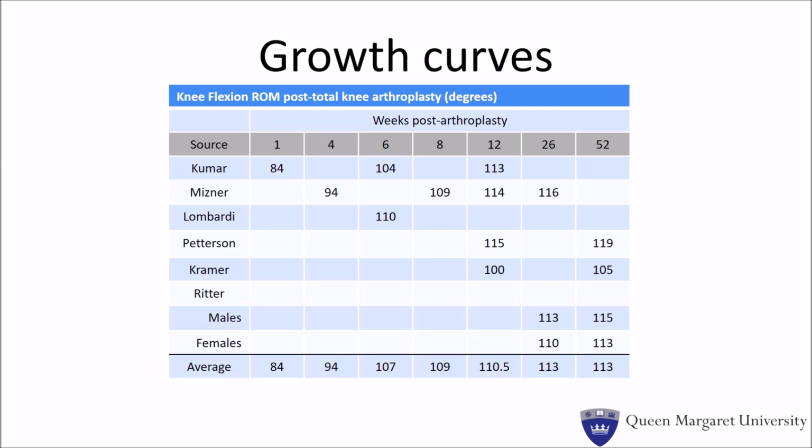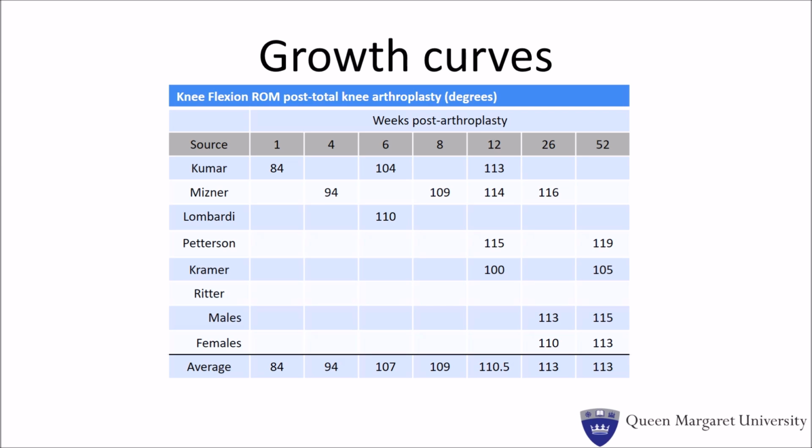Of course, using this method of accumulating literature, you need the necessary skills to do a systematic search, collect these data and studies, and then plot them out as you are looking at on the slide right now, listing out the studies and the values for the outcome measure of interest. In this case, it is the post-arthroscopy knee flexion range of motion.